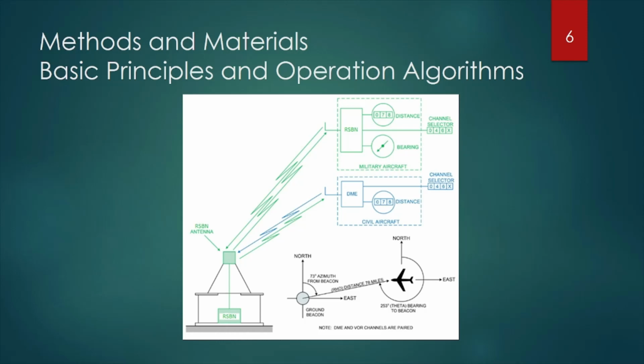The aircraft transmitter emits pairs of pulses, interrogation pulses, which are received by ground-based stations, and after processing inside it emits a response with range received by the aircraft interrogator. The azimuth channel provides information about the azimuth position of the aircraft.